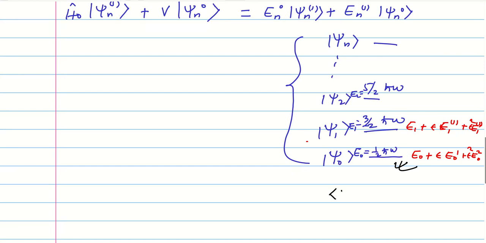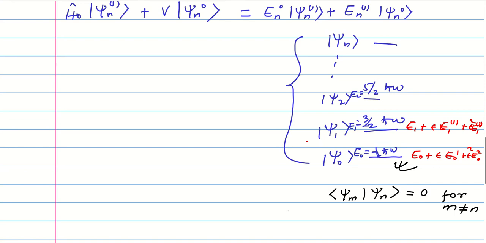Orthogonal means if you take any state, let's suppose m can be 0, meaning this state, right? And let's suppose it is 1, meaning this state. So if you take the bracket of two different states, this will be equal to 0 for m not equal to n. Okay, so this trick we will use.